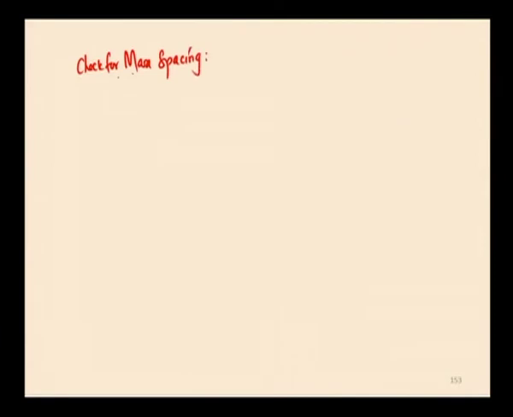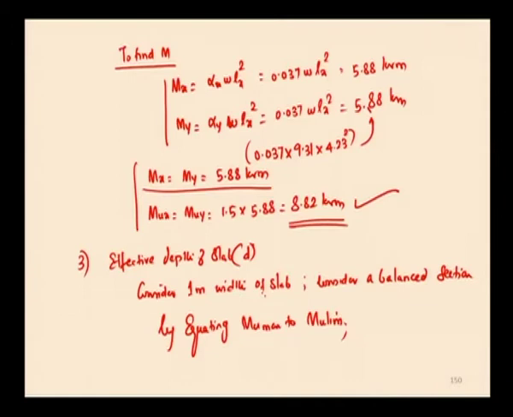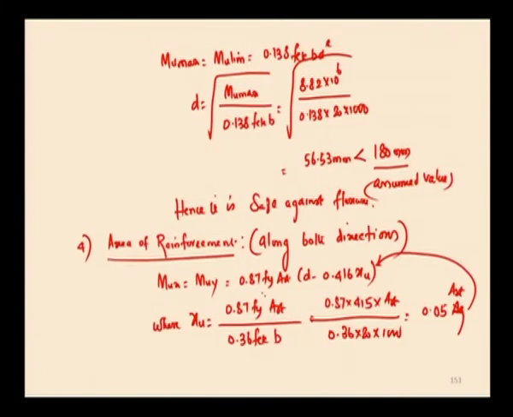Now, this spacing has to be checked with the maximum spacing as per IS 456. The maximum spacing should not exceed 3 times the effective depth of the slab or 300 mm, whichever is less. 3 into 180 is equal to 540 millimeter. I think we have used the thickness of the slab as 150 mm and small d as 130 mm. And the thickness of the slab required against the bending moment is 56.53, which should be less than 130 mm.